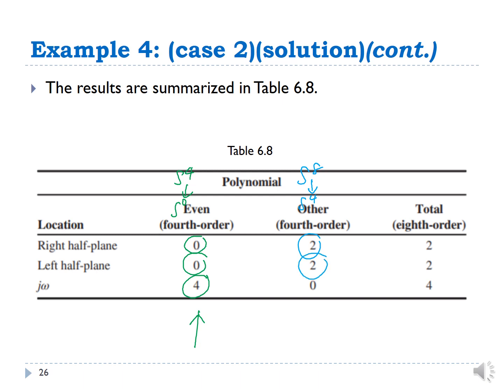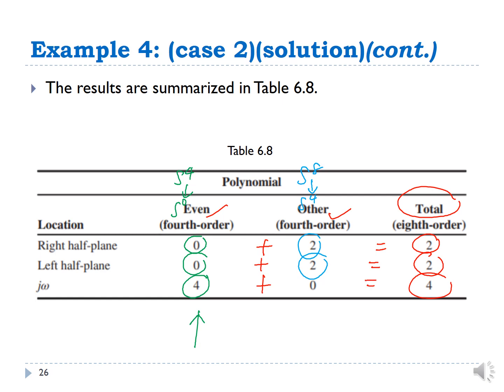The total column is the sum of roots from the even column and the other column. Thus, the system has 2 poles in the right half plane, 2 poles in the left half plane, and 4 poles on the imaginary axis.